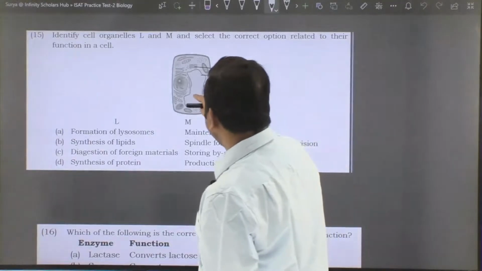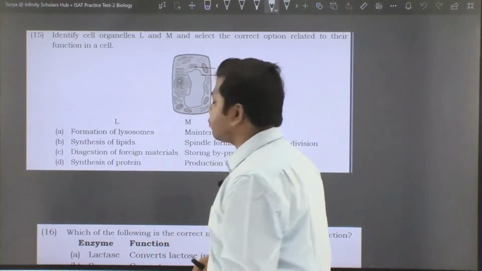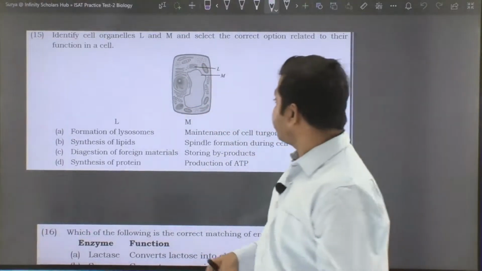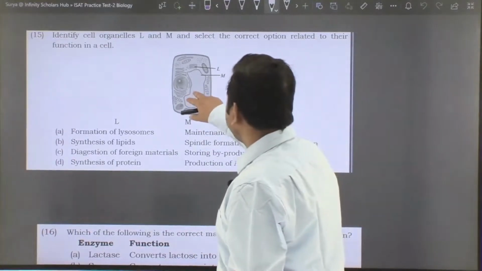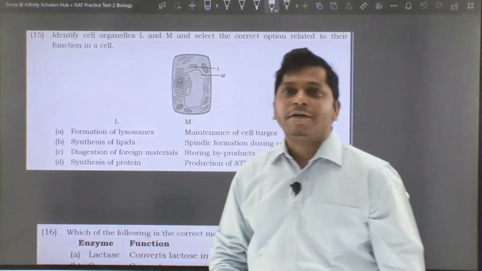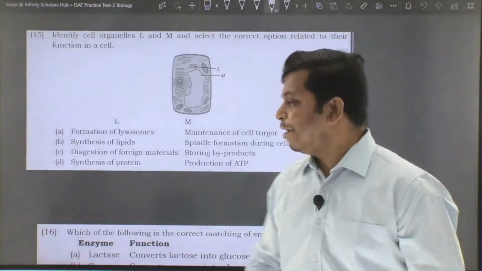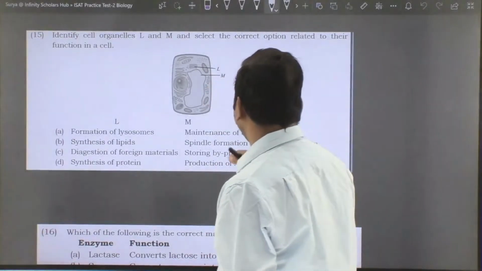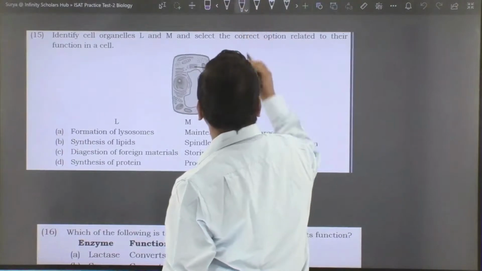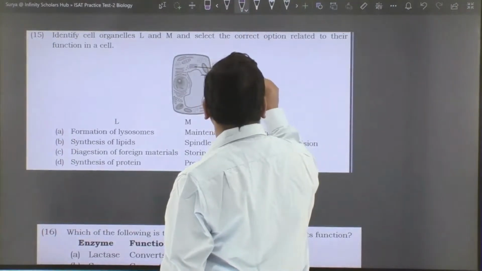So if you can see here, this is a typical structure of a plant cell, because the major portion of the cell is occupied by a big vacuole, and fortunately that is labeled as M. So this one is therefore going to be the vacuole.